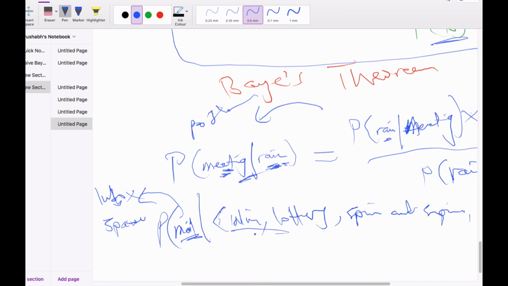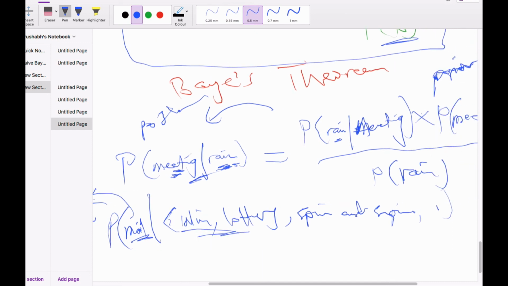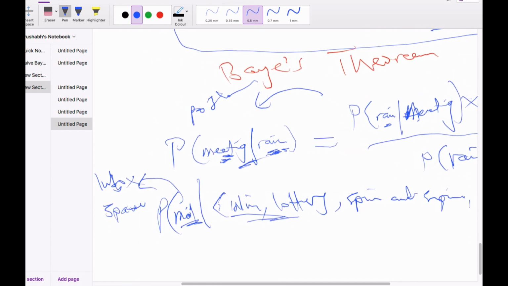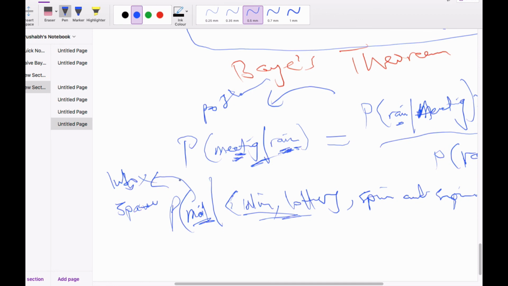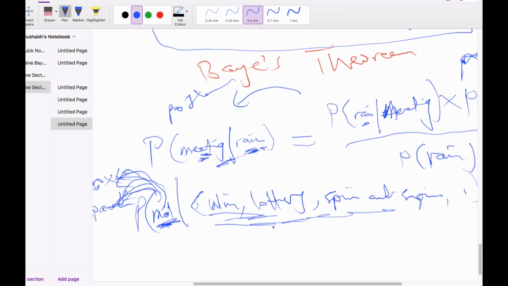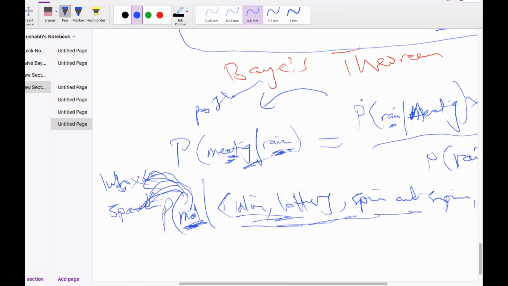If these words are present, it should go to the spam folder. If they are not present, then it should go to the inbox. Given these words, what is the probability that the email coming in will land in the inbox or in the spam folder? Basically they base on this Bayes theorem to make that classification.